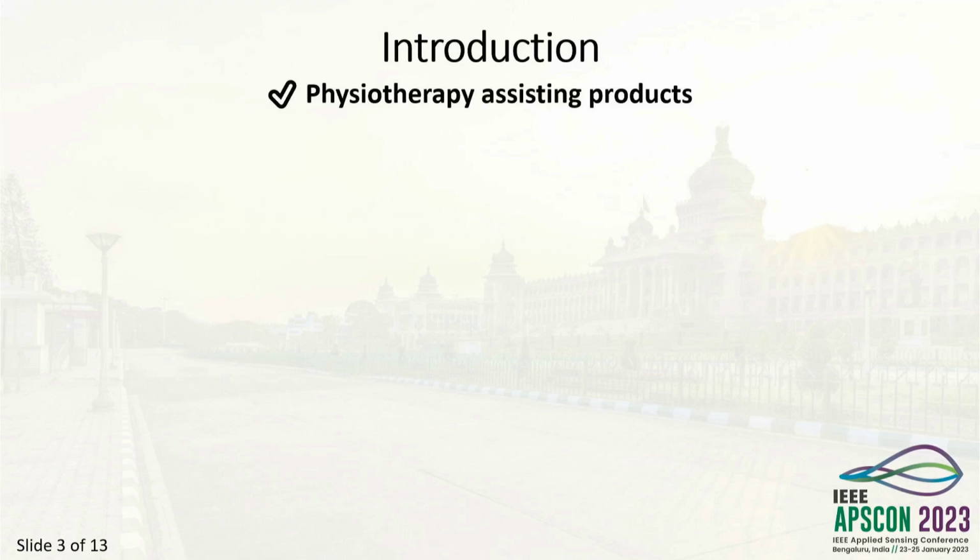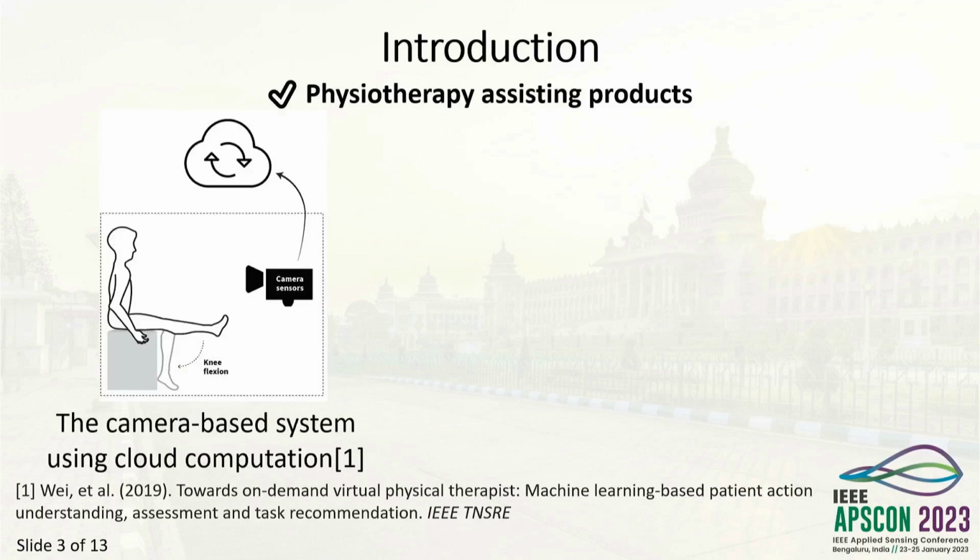To promote remote rehabilitation, we require physiotherapy assisting products, which can also be cost effective and help the therapist monitor the motion. So we have available camera-based sensors which need to be installed in a restricted environment.